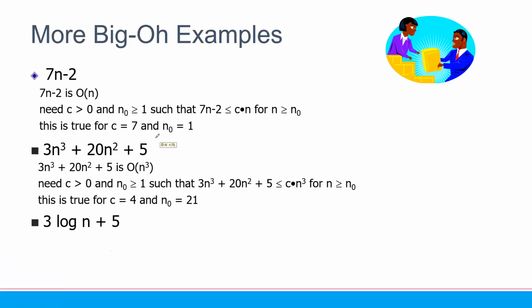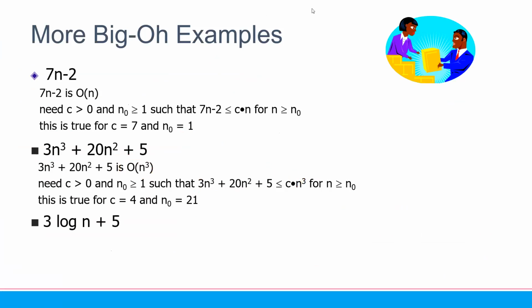If I want to check whether 3n power of 3 plus 20n power of 2 plus 5 is O(n power of 3), the same as the previous formula, I can check this one: 3n power of 3 plus 20n power of 2 plus 5 is less than or equal to Cn power of 3. And then when you derive this formula, you can check that there will be a constant C equal to 4 and N0 is 21.